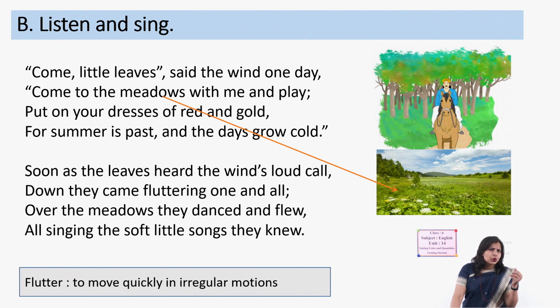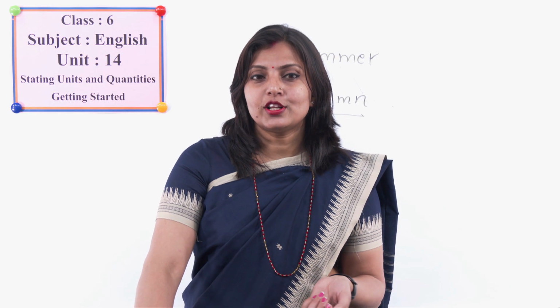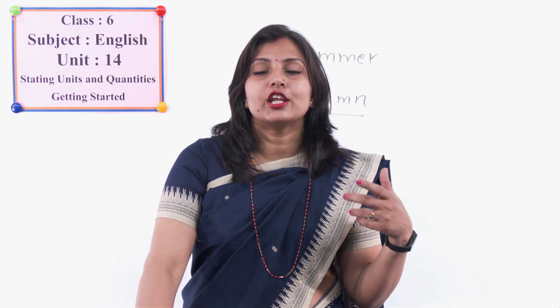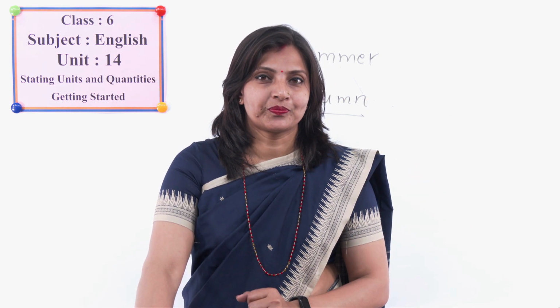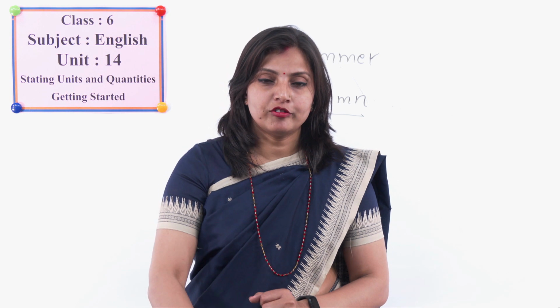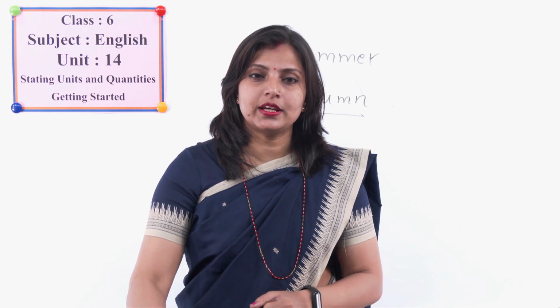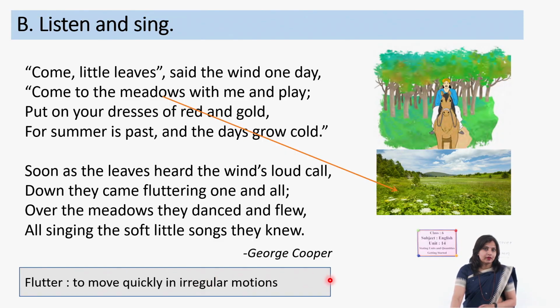They do not make noise actually, do they? So that's why it is called soft little songs they knew. What a lovely poem. Who has written it? George Cooper. So he is the poet who has written this lovely poem.